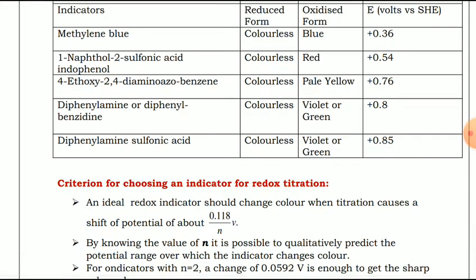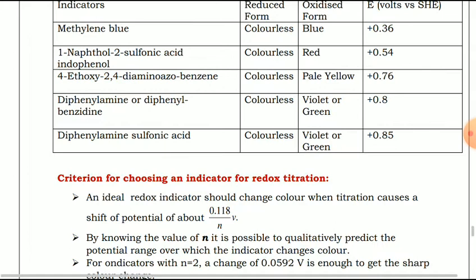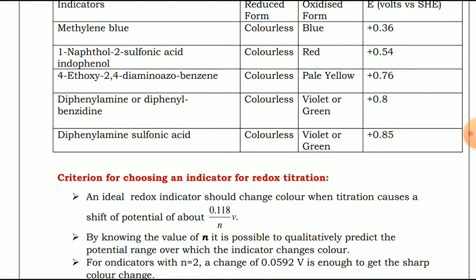For an indicator with n equal to 2, we get 0.118 upon 2, that is 0.0592 volt, and that is enough to get a sharp color change.